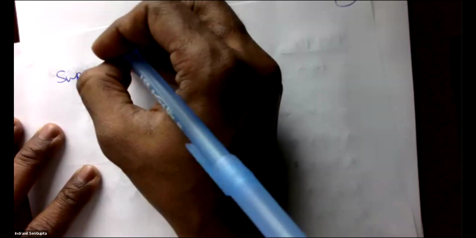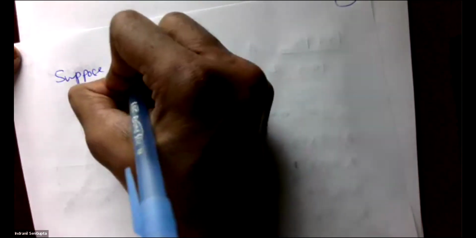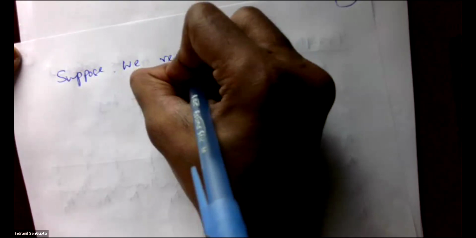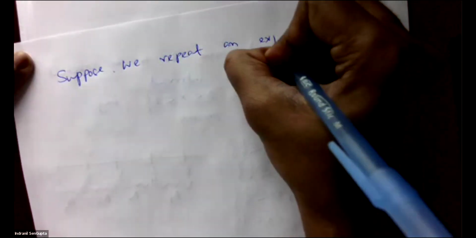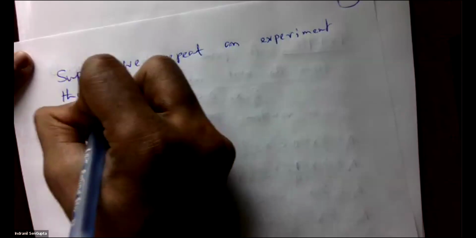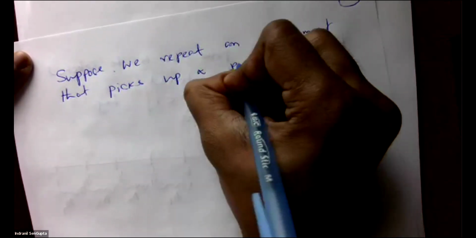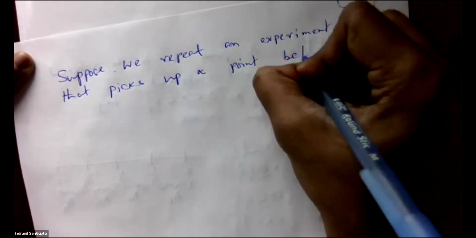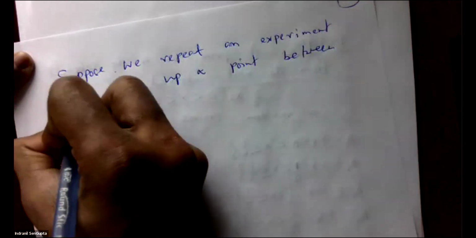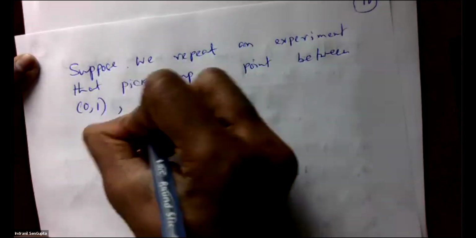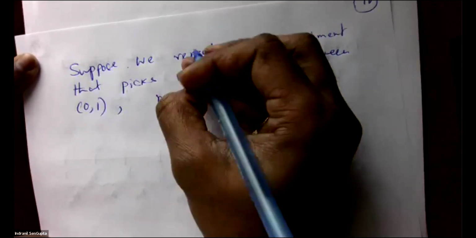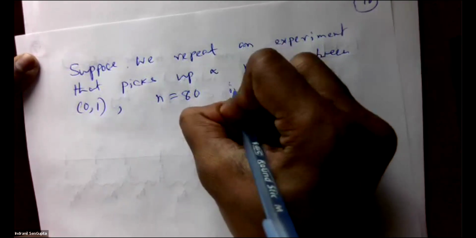So we repeat an experiment that picks up a point between 0 and 1 for, say, n equals 80 times, independent times.